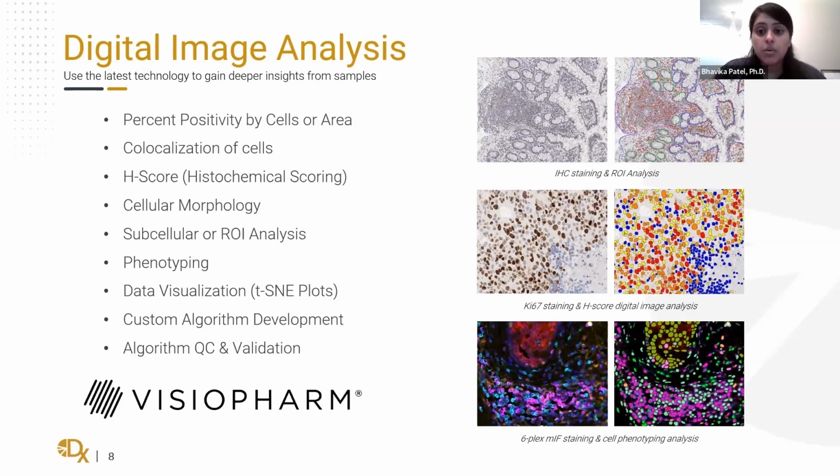Listed are just some of the endpoints we are able to output, including percent positivity for cells or percent positivity by area, co-localization of cells, H-score analysis, cellular morphology, such as obtaining measurements of cells, and subcellular analysis that allows us to analyze specific areas such as tumor and stroma, phenotyping analysis, and data visualization that helps us QC our data. By using an AI-driven platform, we are able to obtain accurate and reproducible results.